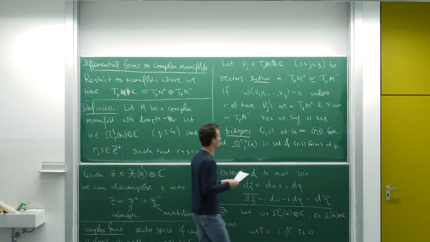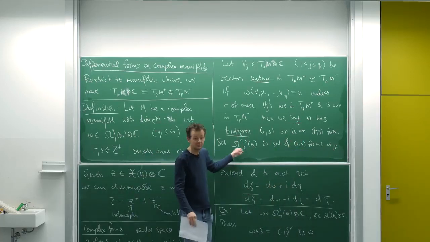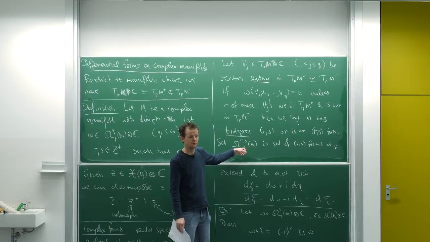And we'll denote the set of RS forms at P, it's obviously a subspace of the set of all complex Q forms, as omega R comma S at P at M.